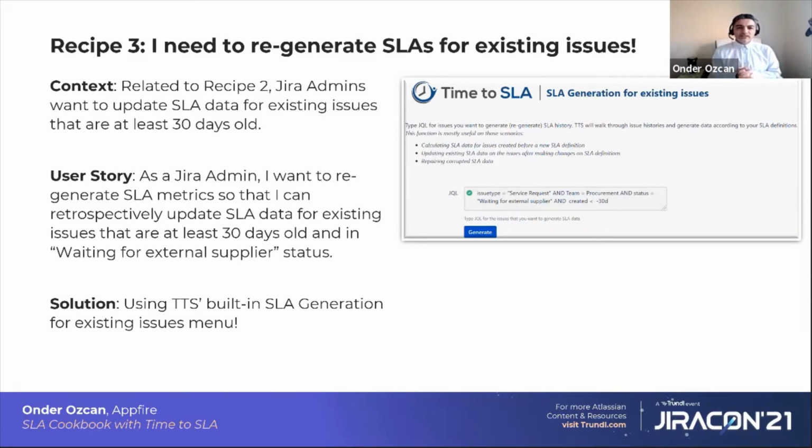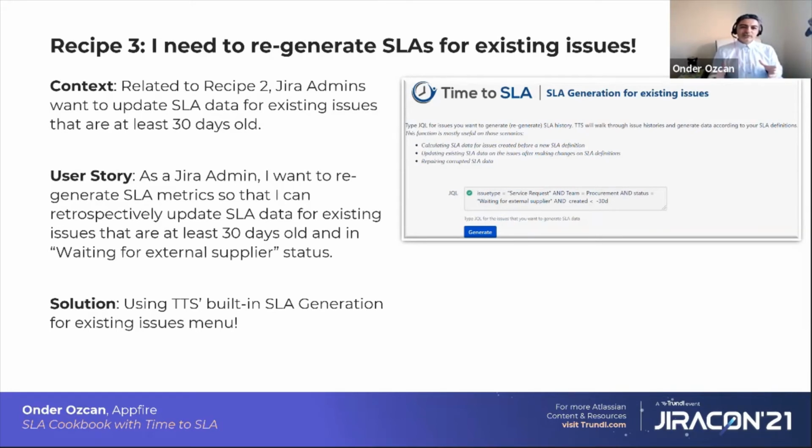Again, the solution is Time to SLA. We have specific menu items for this purpose, as you can see on the right-hand side. We have a dedicated menu, and it is a really simple one. We have just one box, it's called JQL.